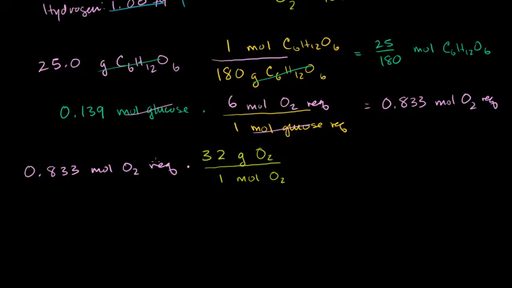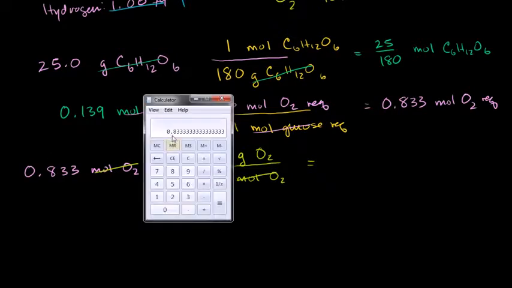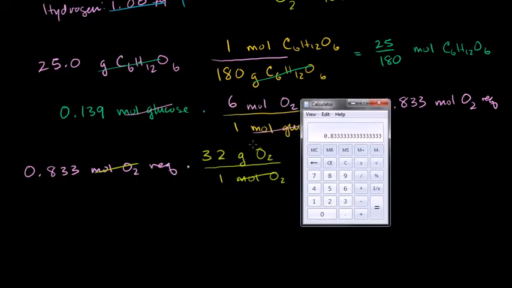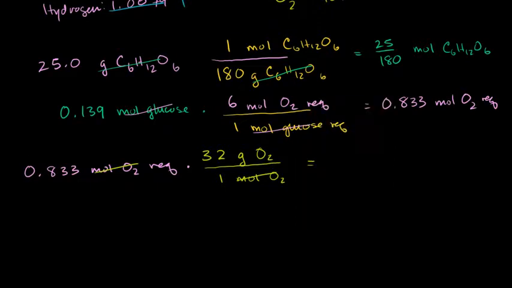When we perform the calculation, the moles of O2 in the numerator cancel out with the moles of O2 in the denominator. And we're just going to have 0.833 times 32, which is equal to 26, I'll just say 26.7 grams of O2 required.